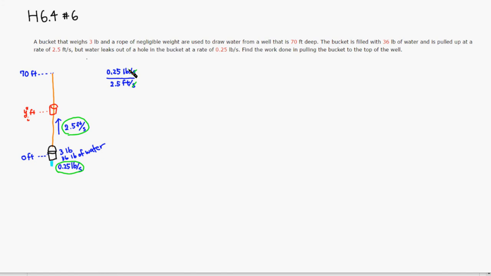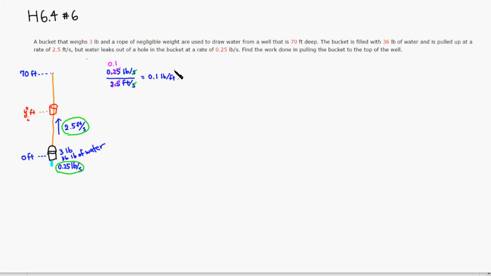And 0.25 divided by 2.5 is just 0.1. So it's decreasing at the rate of 0.1 pounds per foot.